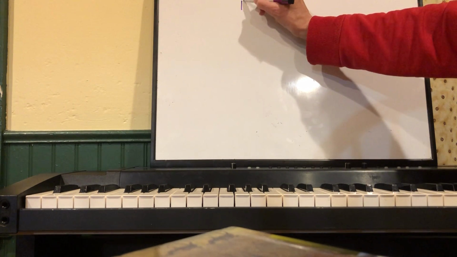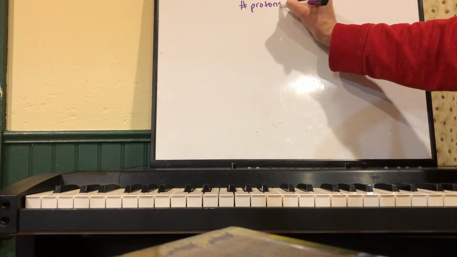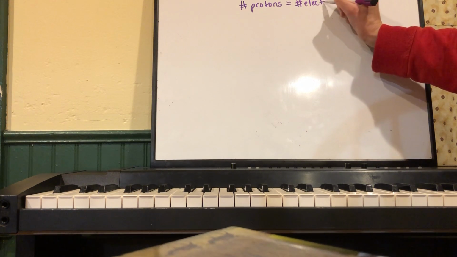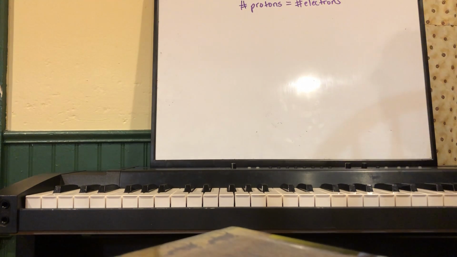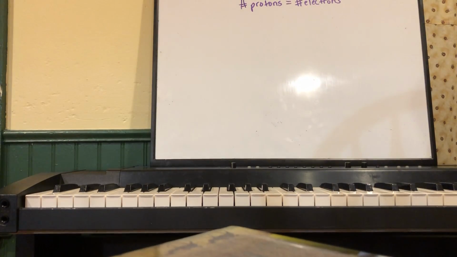We know the number of protons has to equal the number of electrons so that the charges balance out. But the number of neutrons doesn't matter as much, because those don't add any charge. All they add is mass. So the number of neutrons can vary.